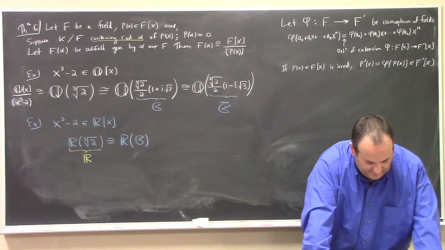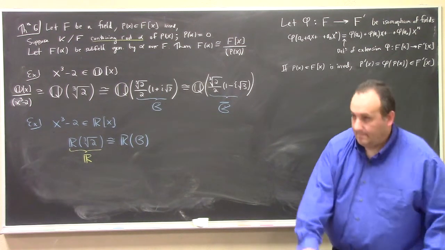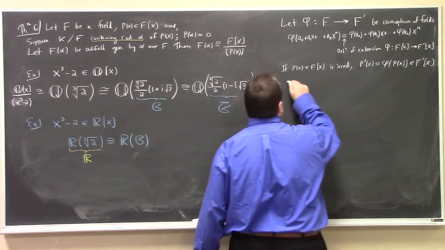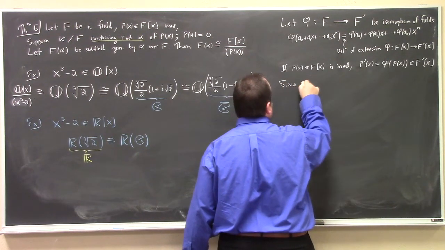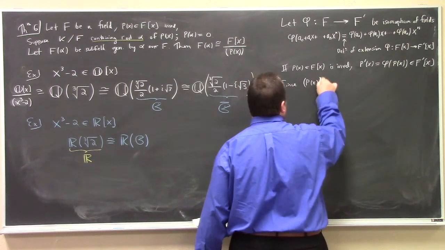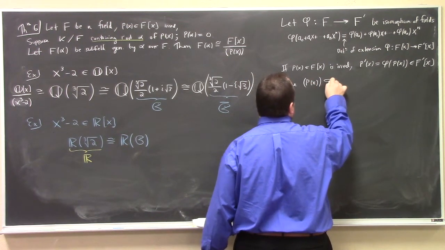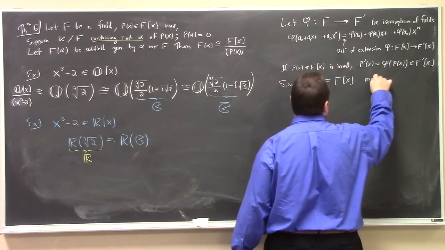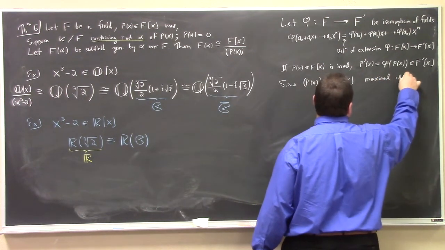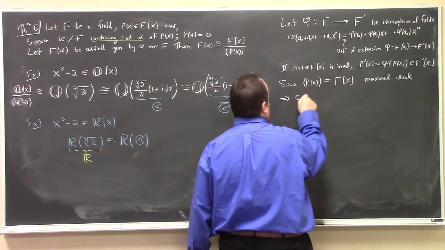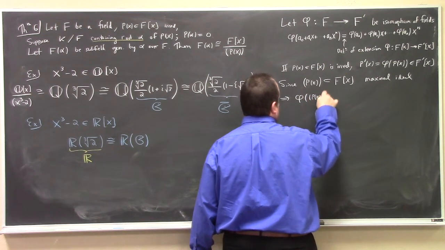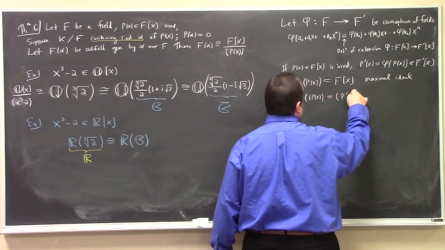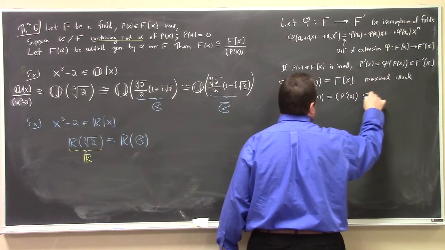He says the isomorphism phi maps the maximal ideal P of X to the maximal ideal P prime of X. So the ideal is also maximal. He says basically here, since P of X is a maximal subset of F, it implies that phi of this thing, which by the way is this thing, is a subset of that.